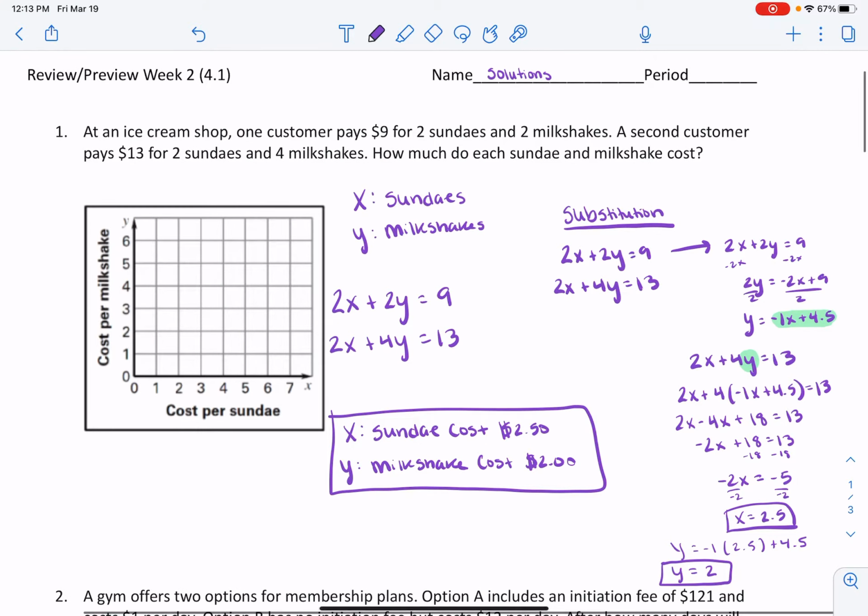So one line was here and here. Okay, and then the other one was right here and here. All right, so let's go ahead and go to the next one.